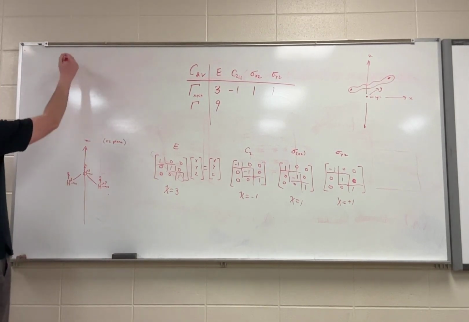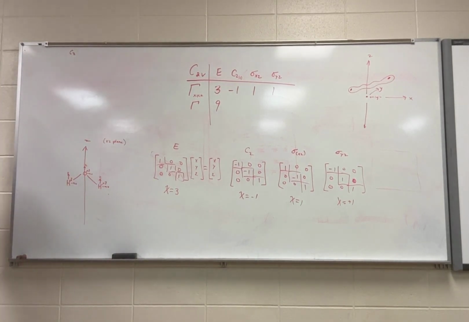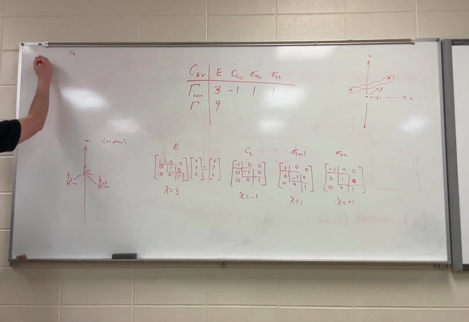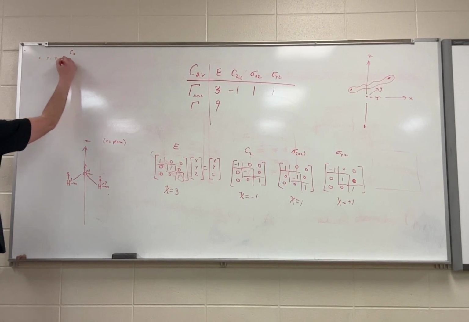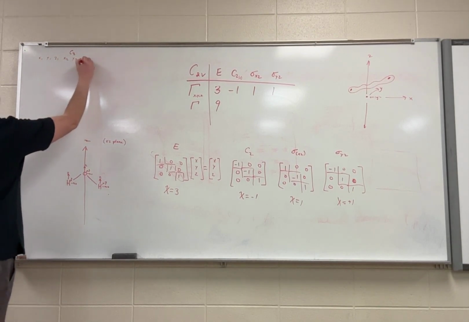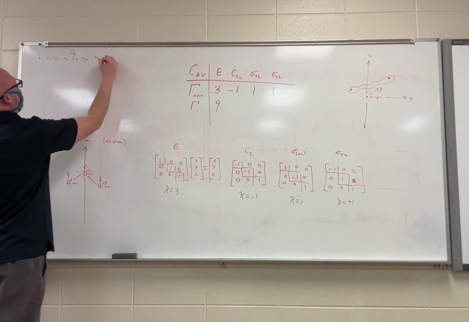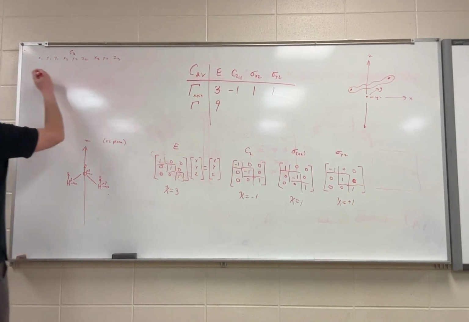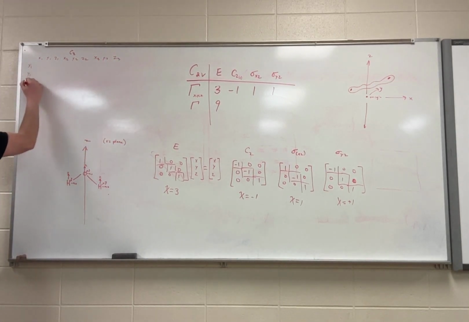If we take C2 and try to write a 9 by 9 square matrix, right? So we say the values are x1, y1, z1, x2, y2, z2, x3, y3, z3, x1, y1, z1, x2, y2, z2, x3, y3, z3.